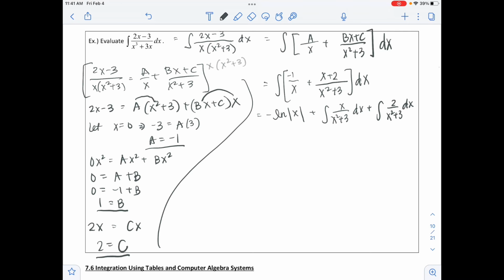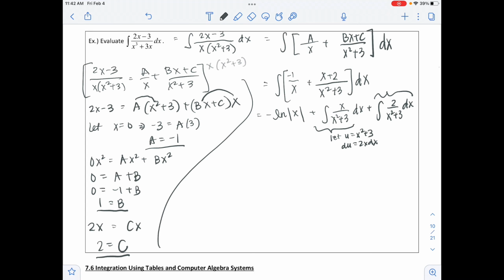And this last term is actually going to be tangent inverse if you look back at your formulas for that, if you don't know it yet. And for this middle one here, I'm going to look at this one first. I'm going to let u equal x squared plus 3, and du is equal to 2x dx.